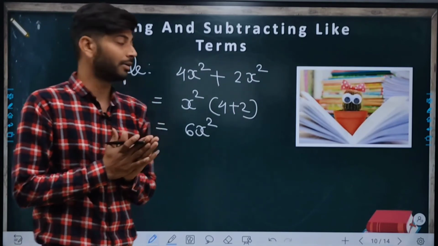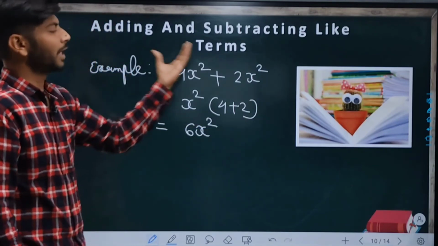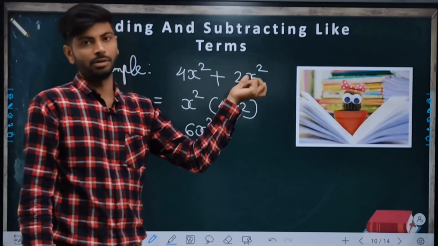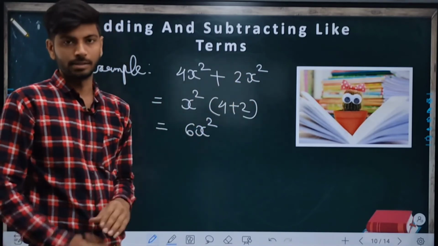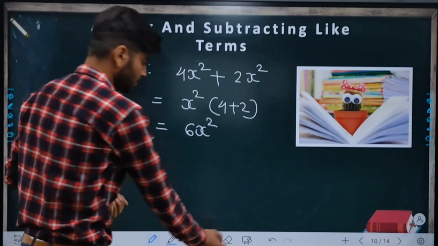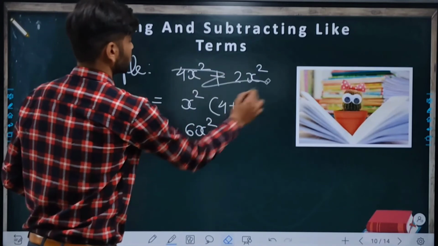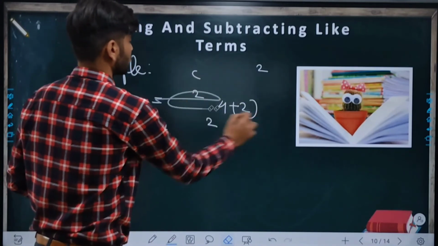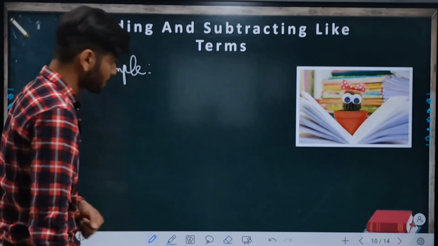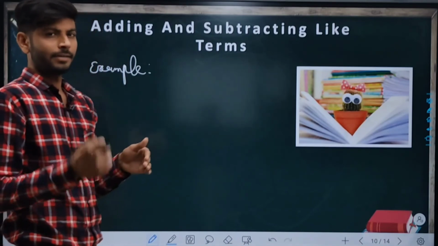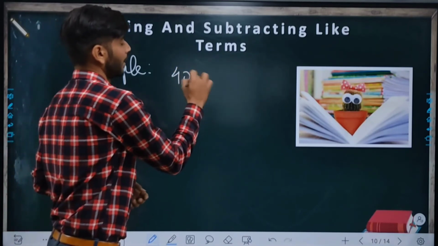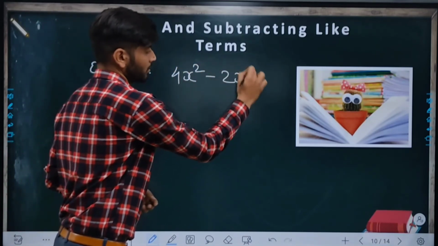So now you understand from this example that when it is the addition of like terms, you will add only the numerical values and put the algebraic value as it is. Let's take one example of subtraction. Let's take the same example, 4x square minus 2x square.